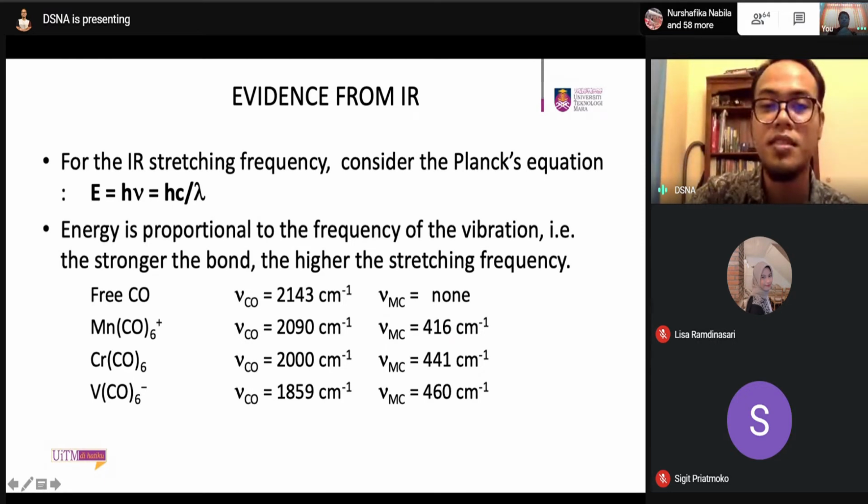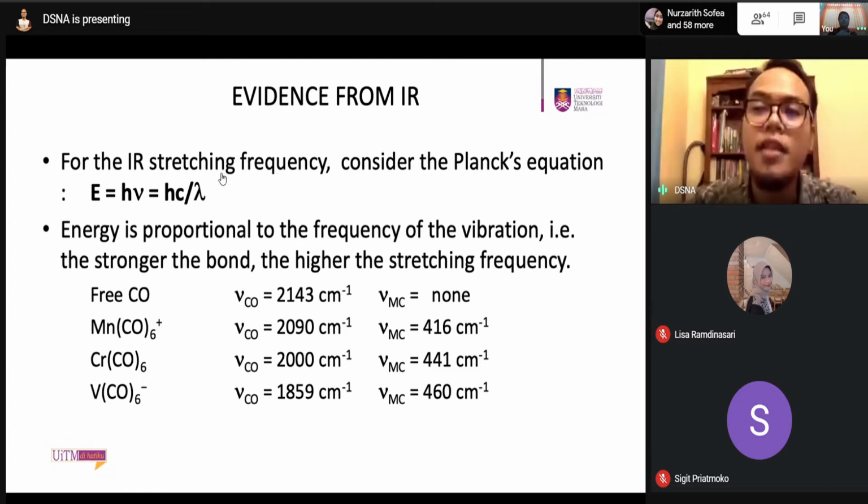This is the wavelength. So in any given IR spectra, we should be seeing a frequency. So we can tell the strength of the bond based on the frequency. Or rather, we call it stretching frequency. I'm going to elaborate further on the type of frequency that we can have on the IR.